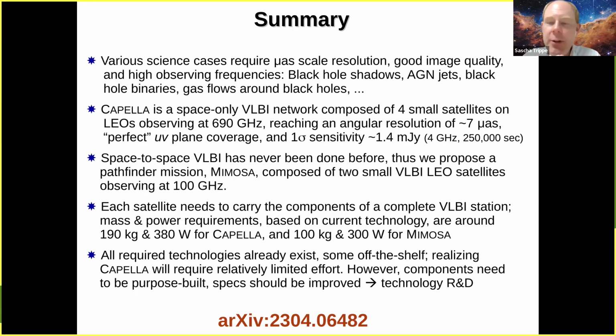That's a decision for whoever, hopefully someone at some point, sponsors this kind of mission. So we could go farther outward, but then UV plane coverage might be less complete, or it might need more time per observation to achieve.